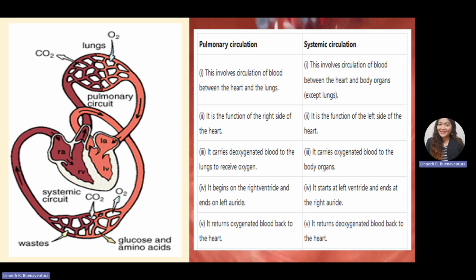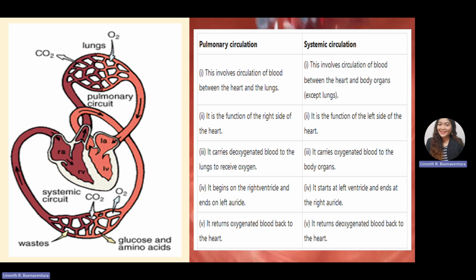It carries the deoxygenated blood to the lungs to receive oxygen through diffusion. It begins at the right ventricle and ends at the left atrium. It returns oxygenated blood back to the heart. That is the purpose of pulmonary circulation.